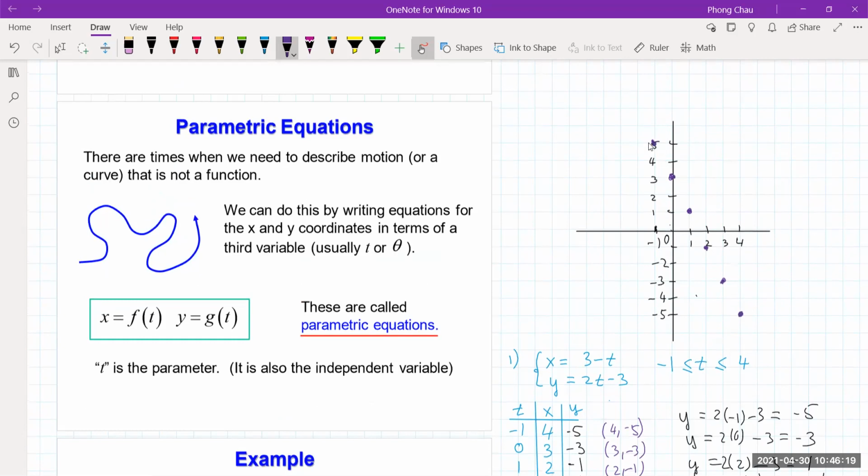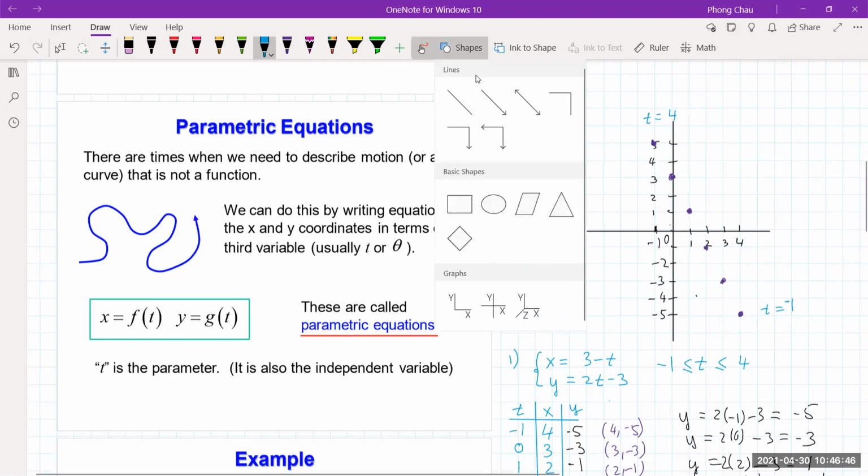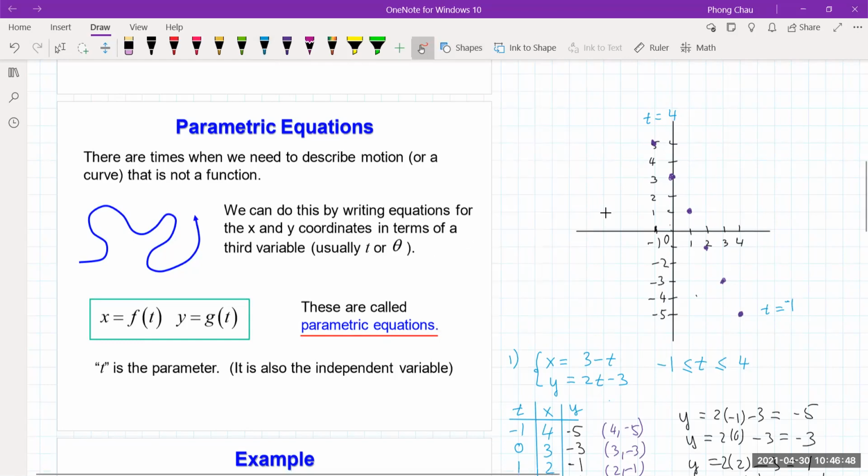And so it will be there. Now, as you can see, t is restricted from -1 to 4. So when t equal -1, we are at this point down here. And the last point where we stop is when t equal 4. So if you connect the dots, you can see we actually end up with a straight line.